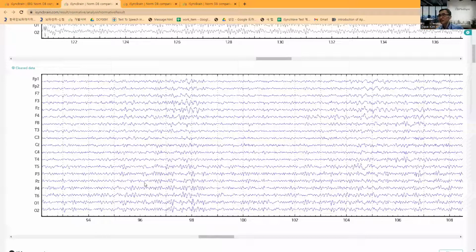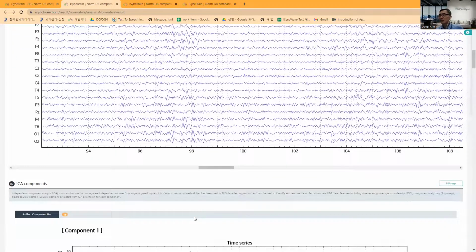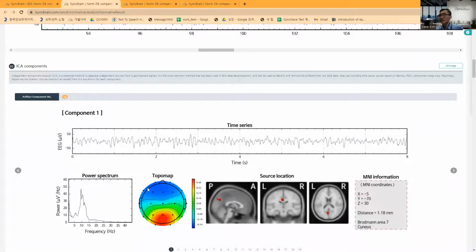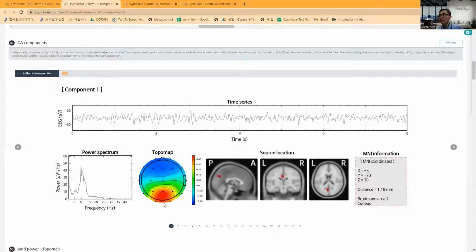This is the alpha activity, and frontal theta is the main finding for this Parkinson disease. In this case, we can see the components again. The first component is the alpha activity from the cuneus.